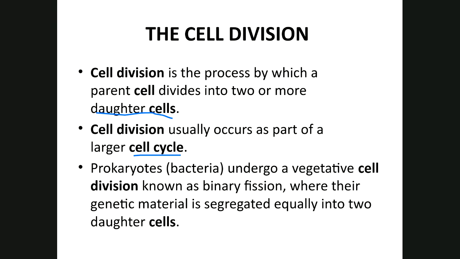Prokaryotic cells undergo a vegetative cell division known as binary fission, where their genetic material is segregated equally into two daughter cells. We are going to learn about binary fission and the cell cycle, and how the cell divides to form new daughter cells.